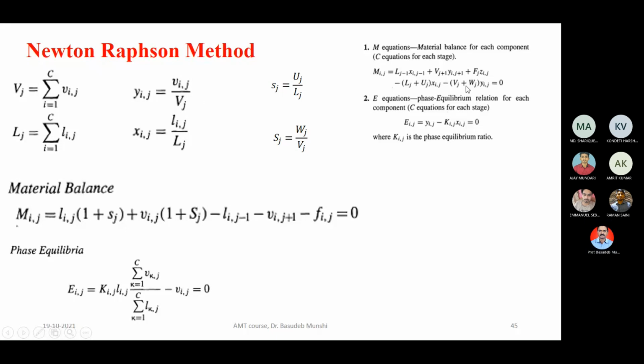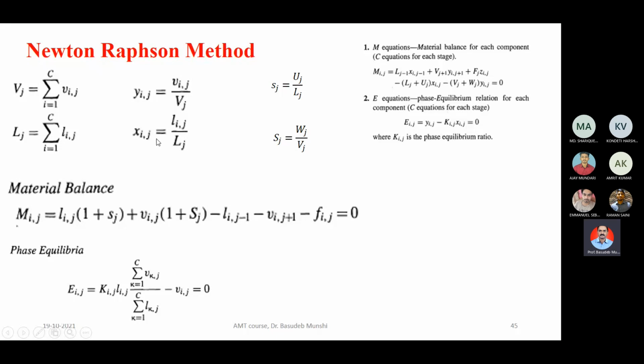Okay. Or otherwise we can write this as Vij only, and this is Lj minus 1 into Xij minus 1. From this relation we can write Xij minus 1 equal to Lij minus 1 divided by Lj minus 1, right? So what is Lij minus 1?